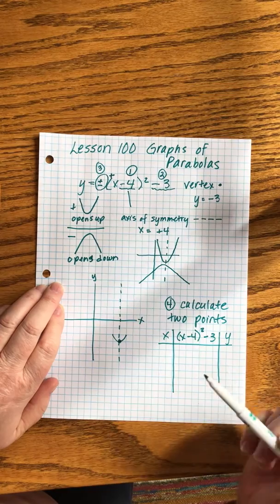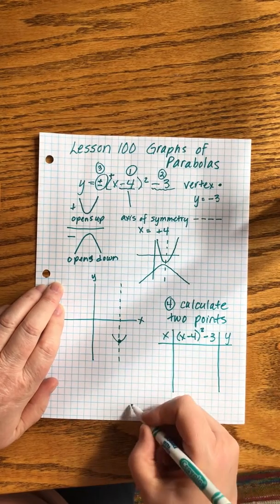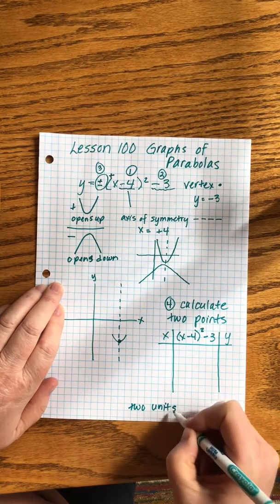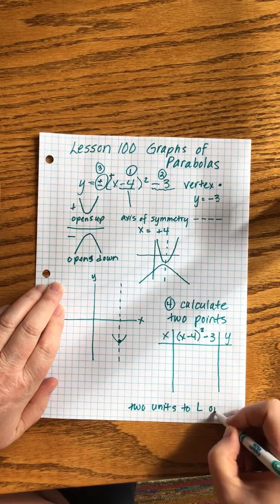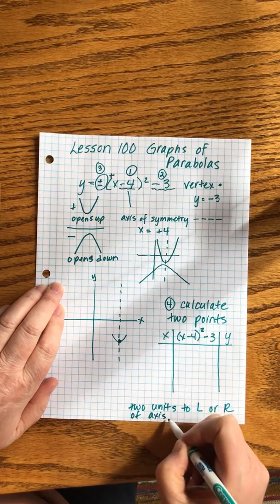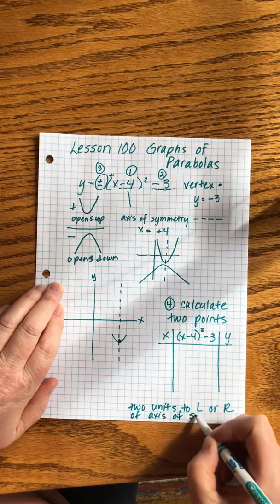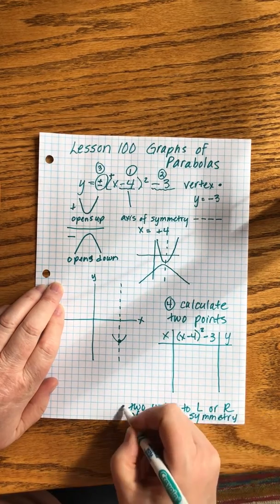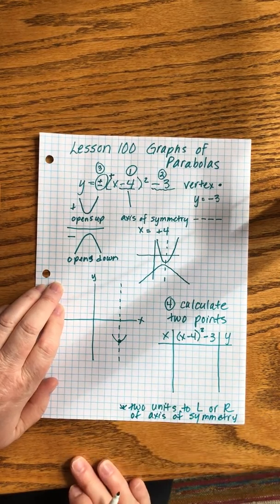So I'm going to choose my point here, 2 units to the left or right of the axis of symmetry. Just like all words in math, this makes it sound way harder than it is.